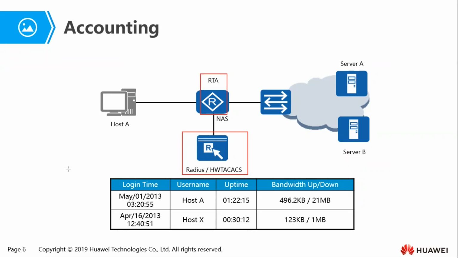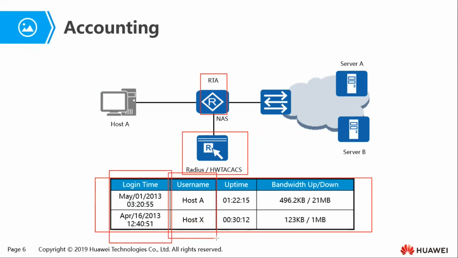Accounting is used to monitor the activity and the usage of authorized users who have gained access to the network resources. Some of the parameters that are monitored, this is not all, just some. For example, we want to know when you came in, so the login time, your username, so that we can pin you down. For how long did you access this resource? Then how much bandwidth did you consume on this particular resource?